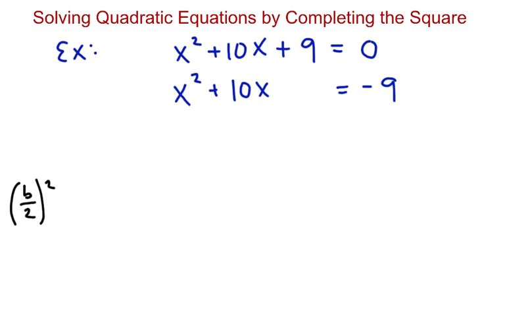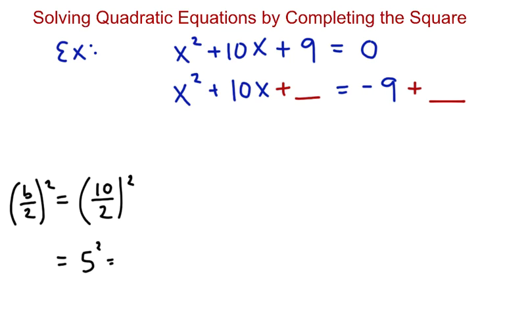We're good to go there. So we're ready to figure out what to add to both sides. And if I run back down to my b divided by 2 squared, that's how I figure out what to add to both sides. That will look like 10 divided by 2 squared, which will be 5 squared, which means we should be adding 25 to both sides of the equation.